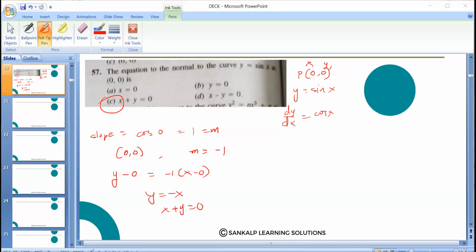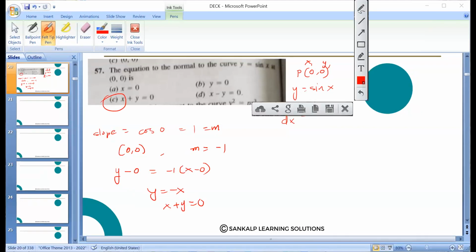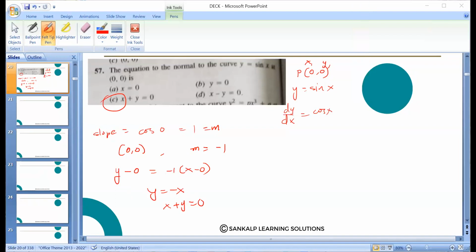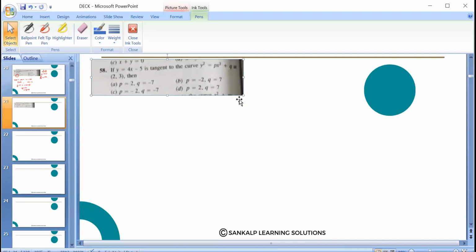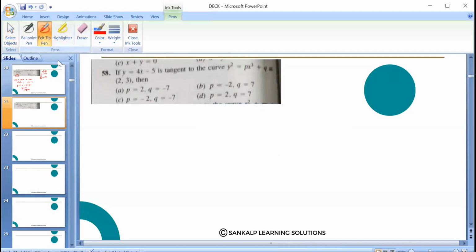Next, I'll put question number 58. Y equal to 4x minus 5 is the tangent to the curve y square equal to px cube plus q at 2, 3.